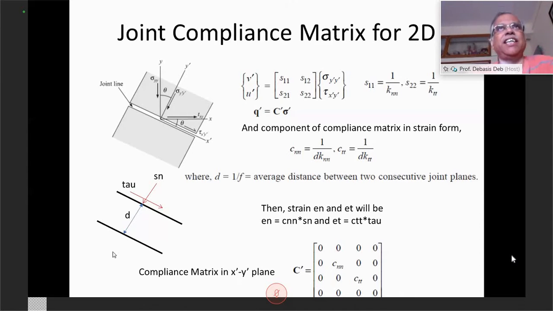Normal directional strain. The displacement of the joint is V. Then what could be the strain in this direction, in normal direction? V by D. Say it again.